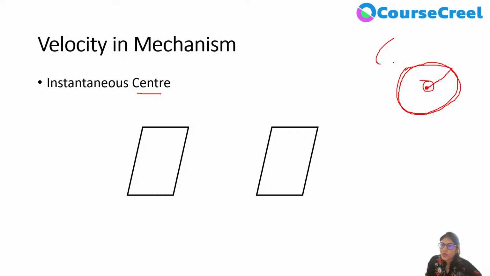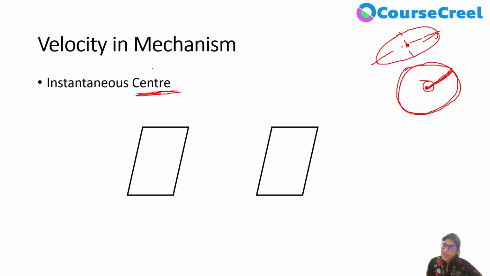Or if we take an ellipse, the ellipse will also have a center which is based on the major axis and minor axis. Here for a circle we define the center on the basis of radius, and for an ellipse on the basis of major axis and minor axis. So if a link follows any curved path, it will follow that curved path with respect to one center, with respect to one fixed axis. Whatever path a link is following, which is curvilinear or rotational, that will be followed with respect to one fixed point, that is called instantaneous center.